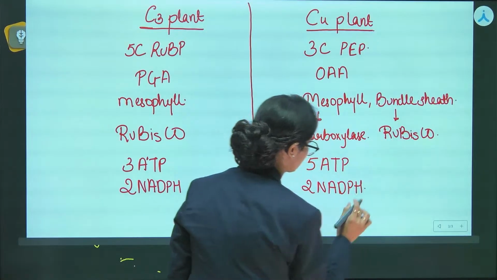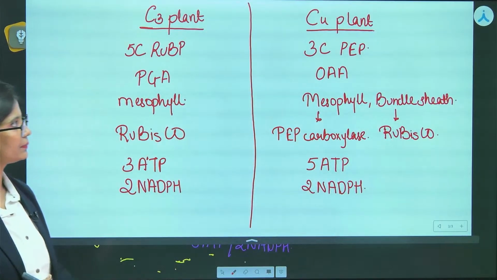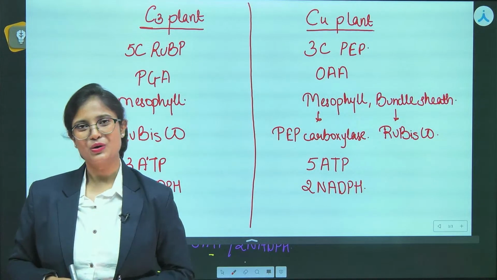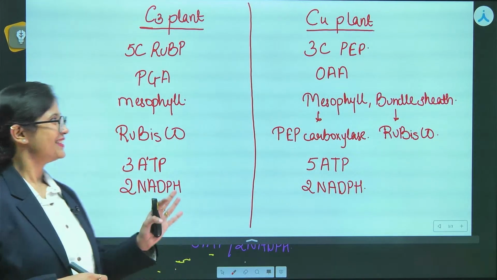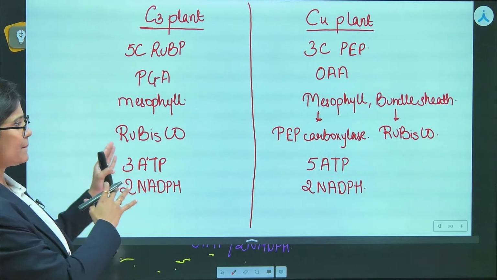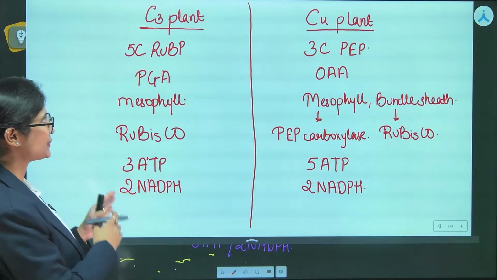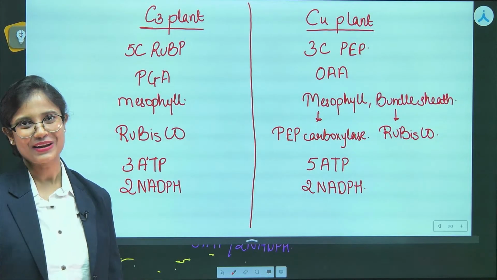So that's how we can calculate the number of ATP and NADPH in both the plants for the formation of single molecule of glucose. Right? So these are the basic common differentiating features between C3 and C4 plants.